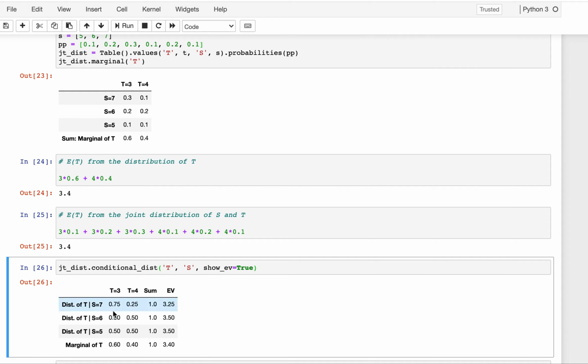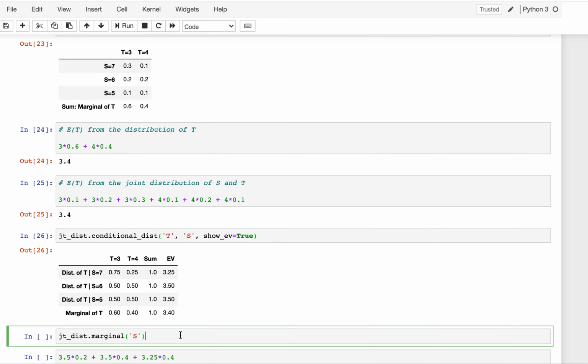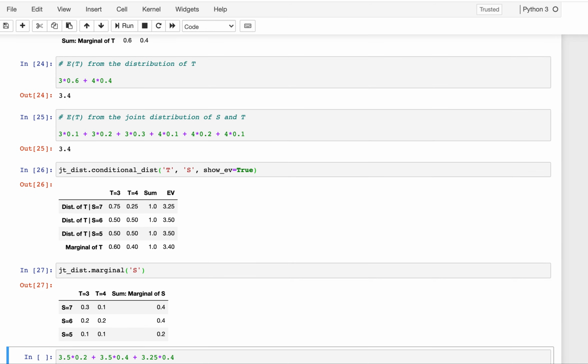The weights are the probabilities of what you're given, which is the marginal of s, the distribution of s, the chance that s is 5, the chance that s is 6, the chance that s is 7. It's right here, 0.2, 0.4, and 0.4. Those are the weights that you attach to these to get your unconditional average.